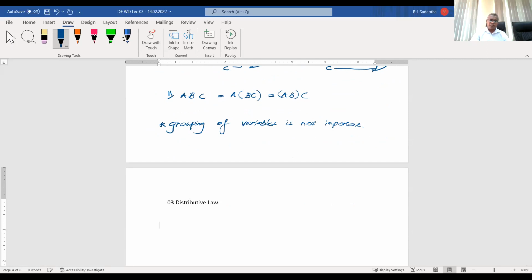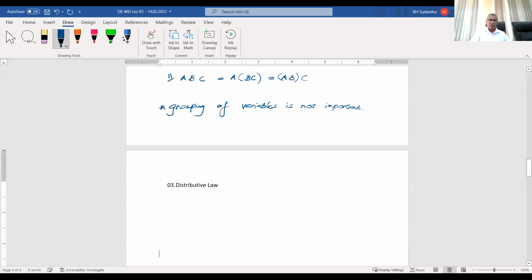Distributive law. It's another useful law. It says if you have an equation like this, if you want, you can expand it. This is allowed.